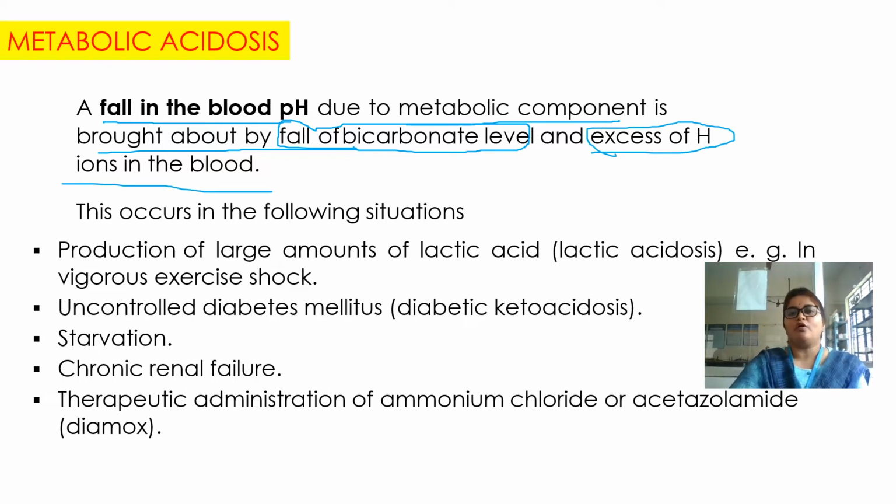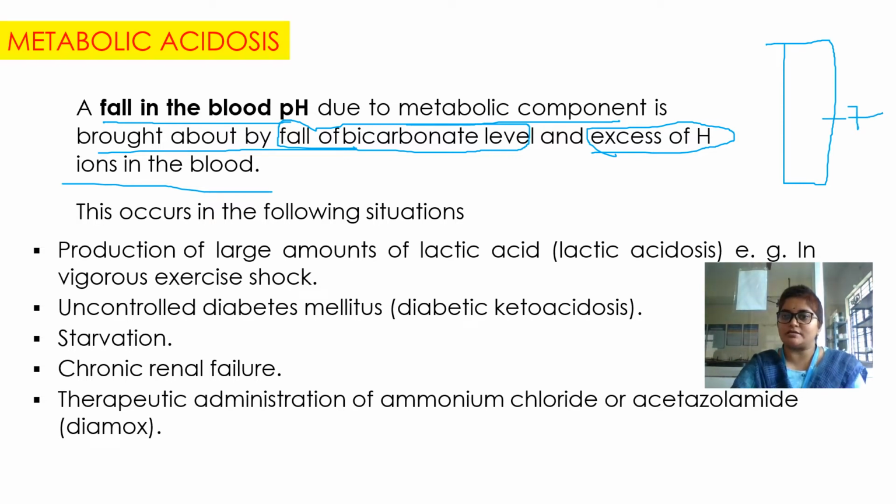Because bicarbonate is applicable for the alkaline nature of the body, if the bicarbonate level is falling down and there is excess of hydrogen ions in the blood, then the blood pH is falling down. Blood pH falling down means it is becoming acidic. Say this is a pH scale where here it is 7, that is neutral.